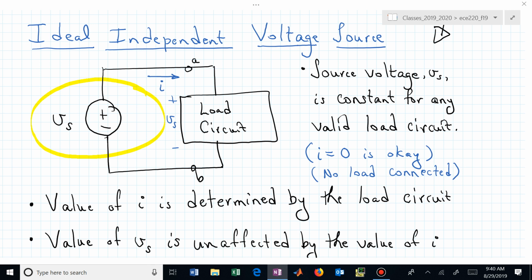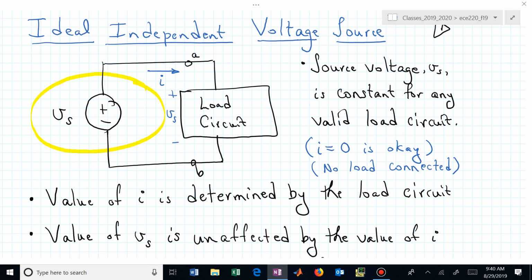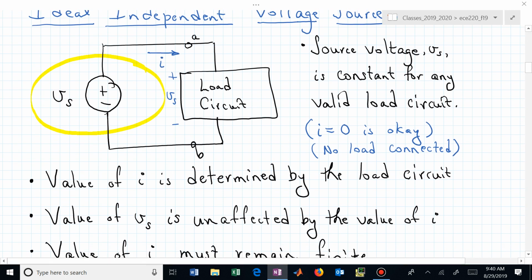We're also assuming with an ideal voltage source that the value of that current, I, is determined by the load circuit. But that supply will provide us with whatever I is needed, depending on how we connect it. Also, the value of V sub S is going to stay fixed at the constant value that we set it at, independent of what I is requested.